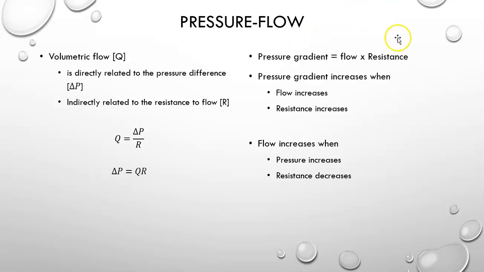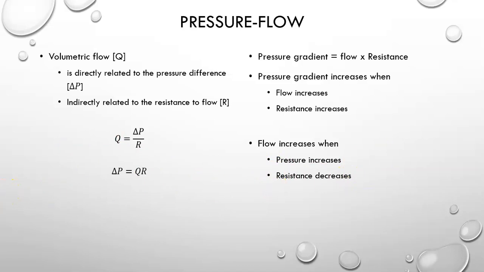So when we have a pressure gradient, we're looking at flow times resistance. Pressure gradients increase when flow increases, and when resistance increases. Flow itself will increase when the pressure increases, and flow will decrease when the resistance increases.